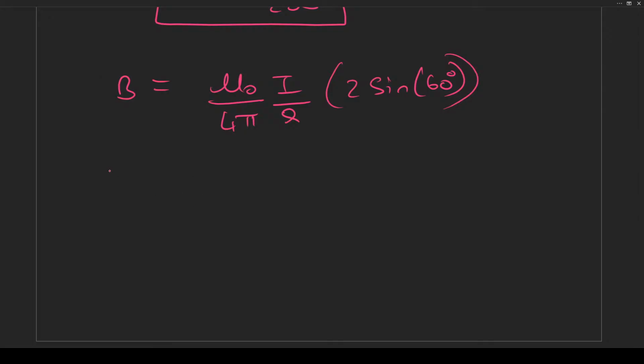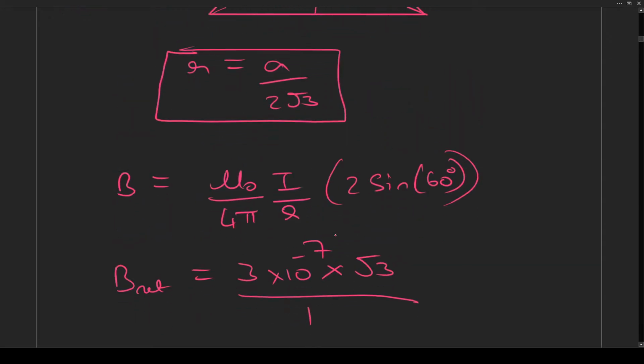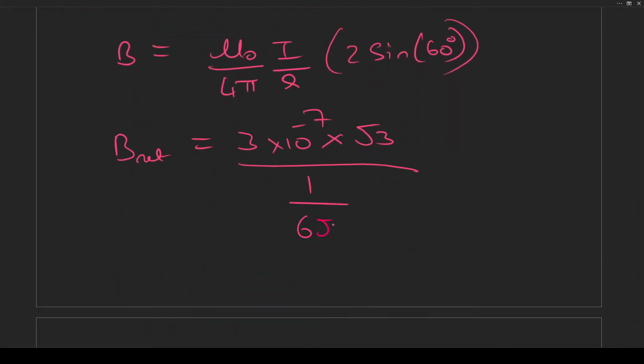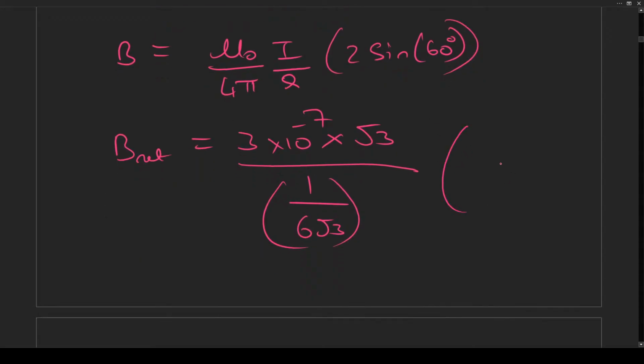When we substitute, B net equals 3 times 3 into 10 power minus 7 into root 3 by r, and r should be 1 by 6 root 3. Wait, there's no 10 power minus 2 here because it's already in meter. Now sine 60 equals root 3 by 2.